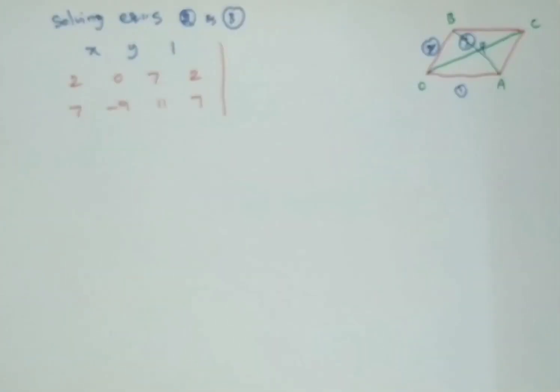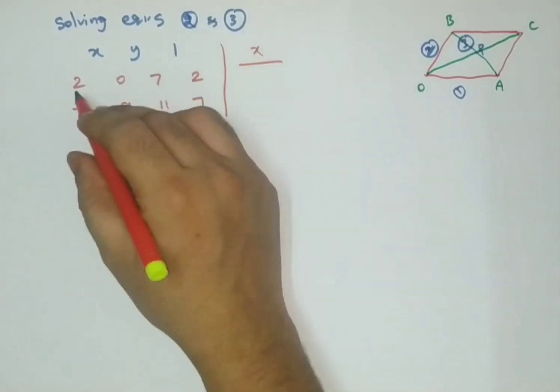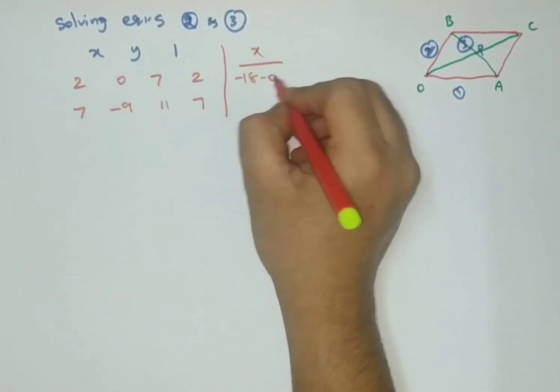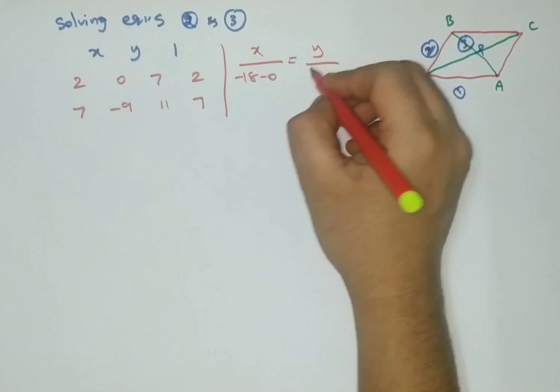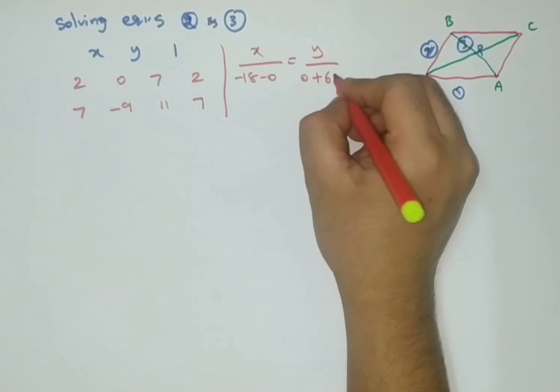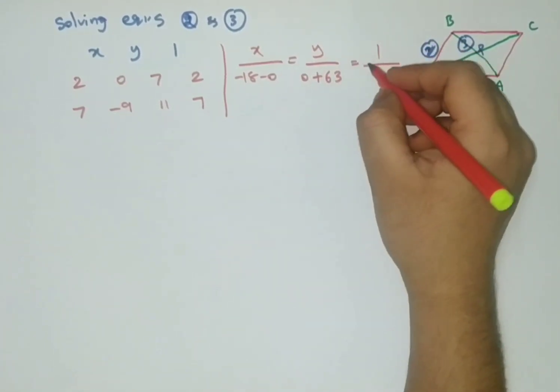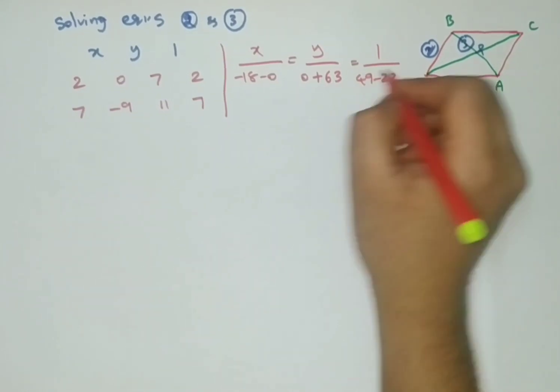By solving this, what will we get? x by minus 18 minus 0, y by 0 plus 63, 1 by 49 minus 22.